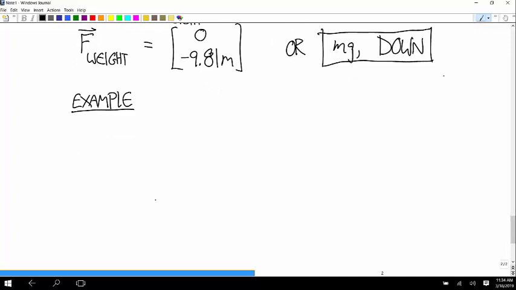So let's say that there's a scale on the ground, and a person on the scale in underoos. And let's say that the mass of this person is 80 kilograms.